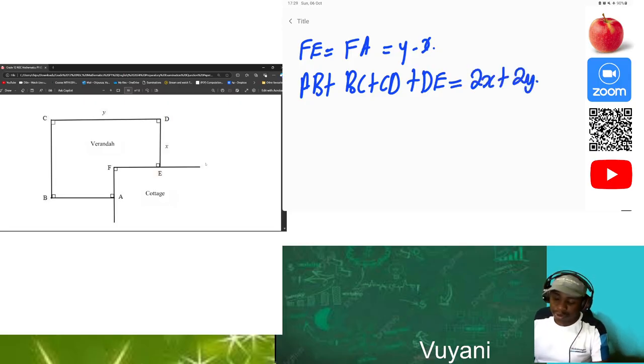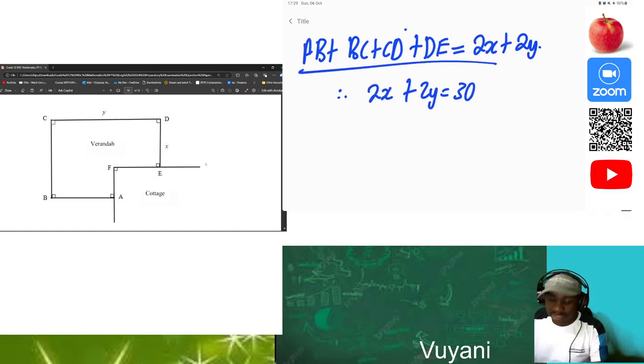Then from that point we know that the total length should be equal to 30 meters, so 2X plus 2Y is equal to 30, so 2Y is equal to 30 minus 2X.